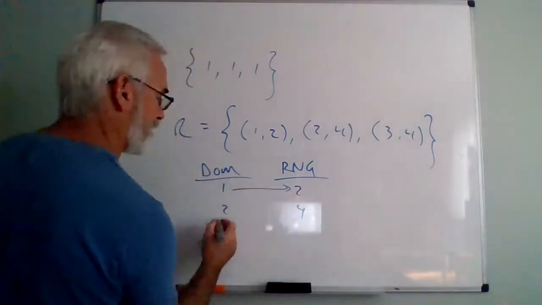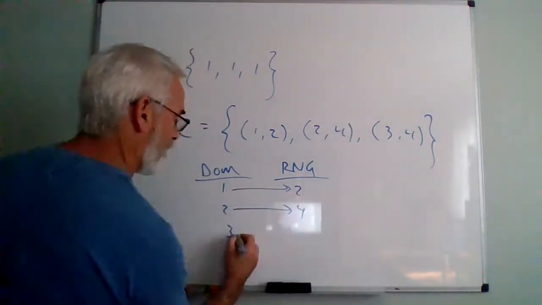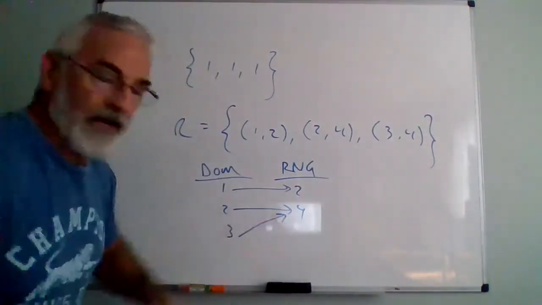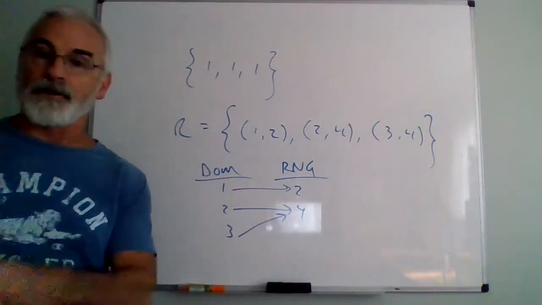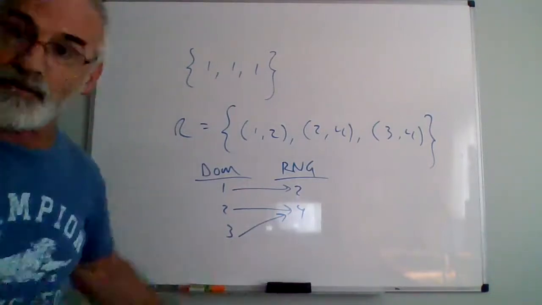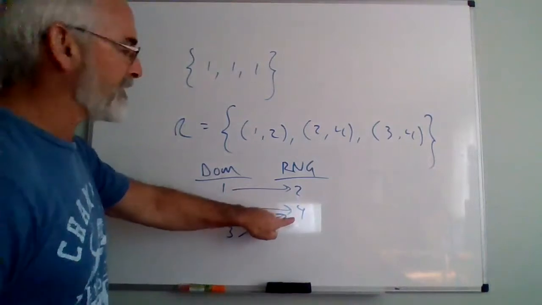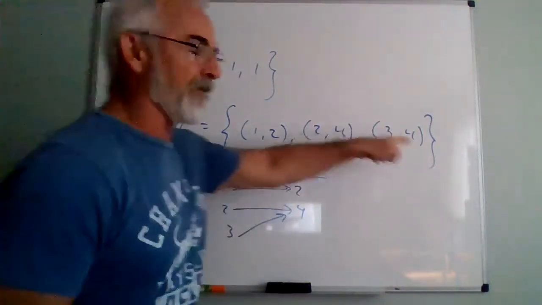Well, 1 got mapped to 2, 2 got mapped to 4, and 3 got mapped to 4. So that means two elements got mapped to the same element. This is still a function, but it would no longer be one-to-one. This is one of the ways we'd identify something like that. But we don't list the 4 twice just because it came up 2 different times.